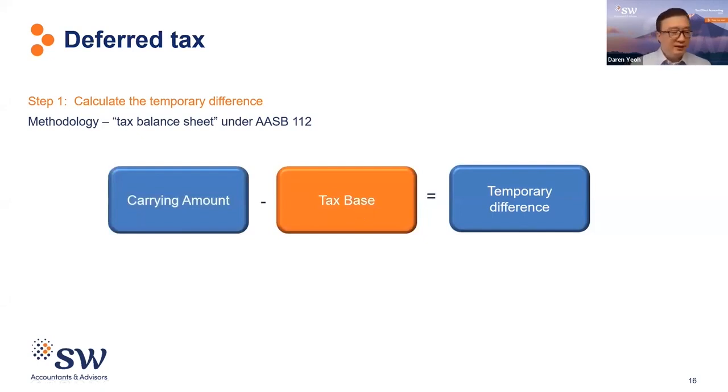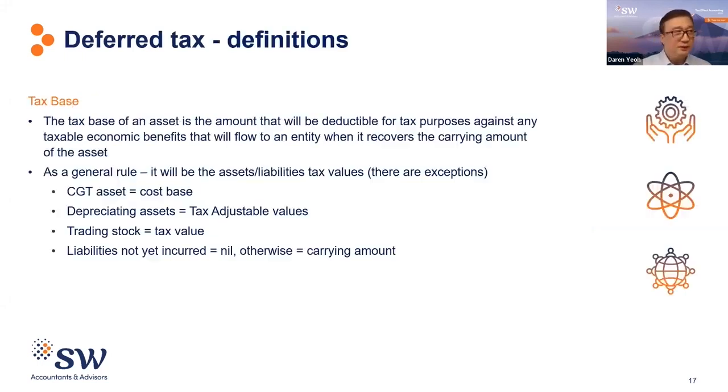You then need to calculate the tax base of each asset and liability. Broadly speaking, the tax base of the asset and liability should reflect your understanding of what their values are for tax purposes. I'll come back to CGT assets because they are slightly different.